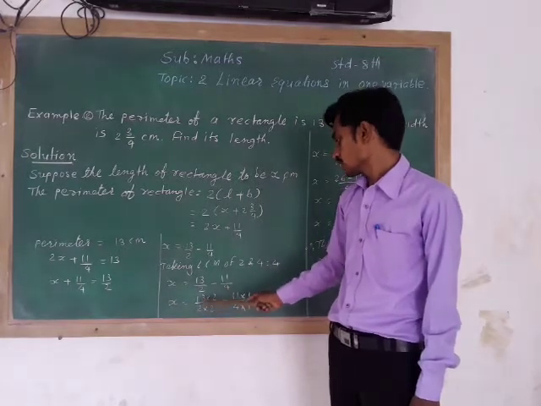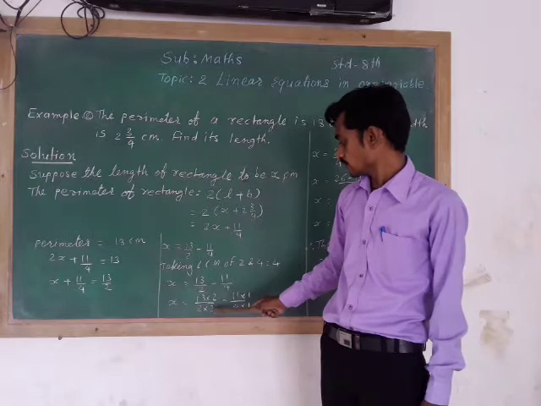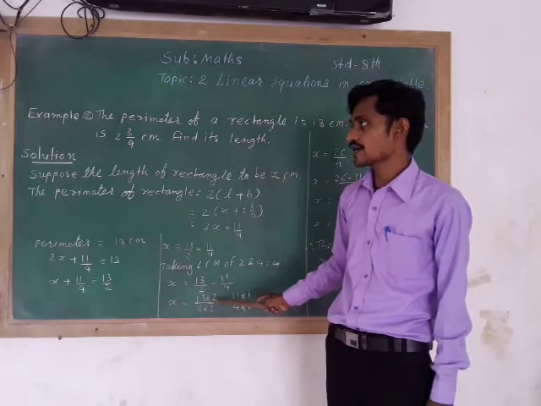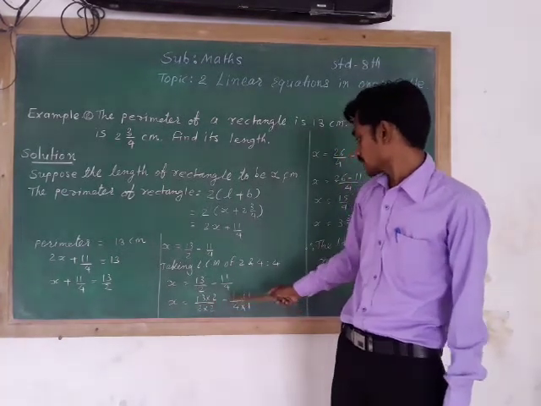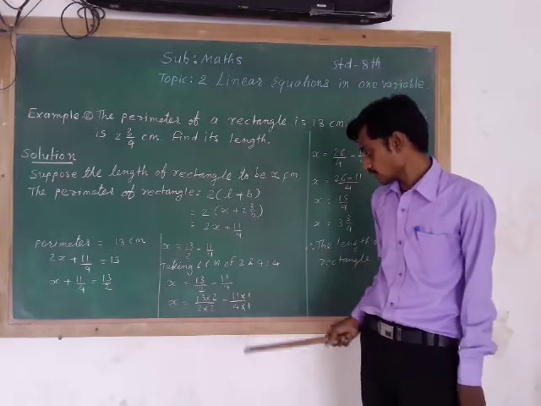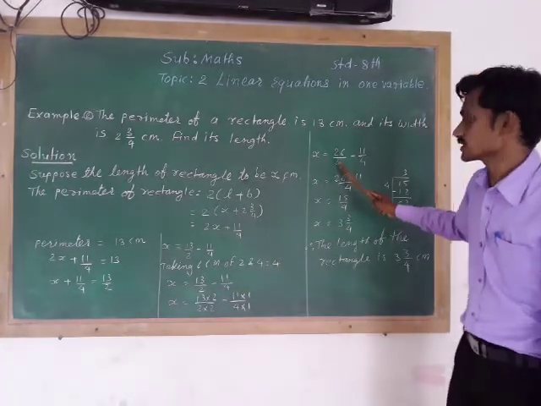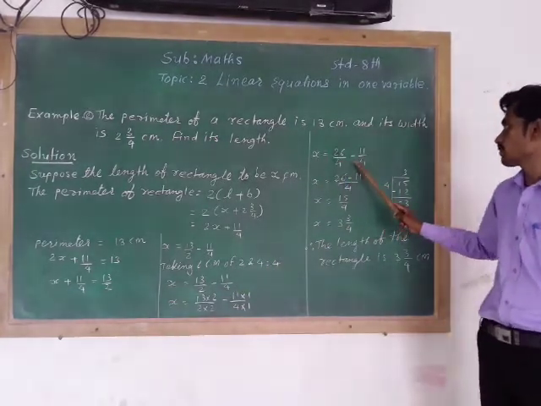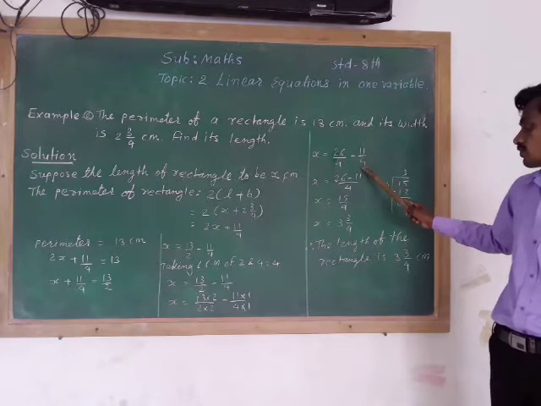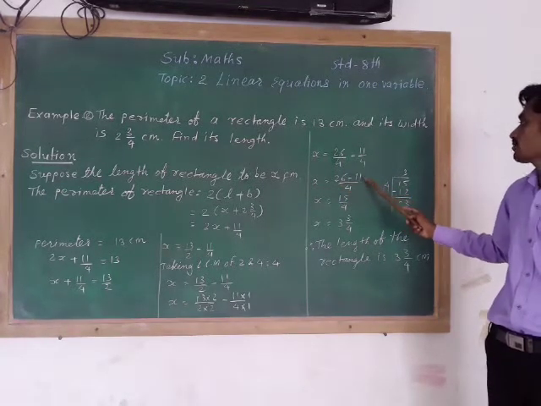x is equal to 13 by 2. We multiply by 2, then we get 4. So 2 twos are 4. Upside also 13 multiplied by 2. Okay. Now minus 11 by 4. 4 ones are 4, here also 1. 11 ones are 11. Okay. So 13 twos are 26, 2 twos are 4. Minus 11, 11 ones are 11, 4 ones are 4. Okay. x is equal to 26 minus 11 by 4.